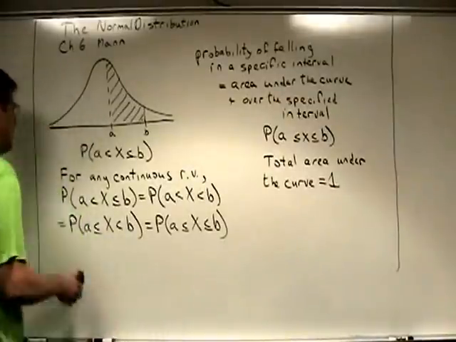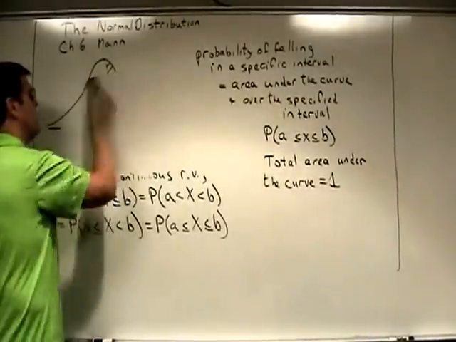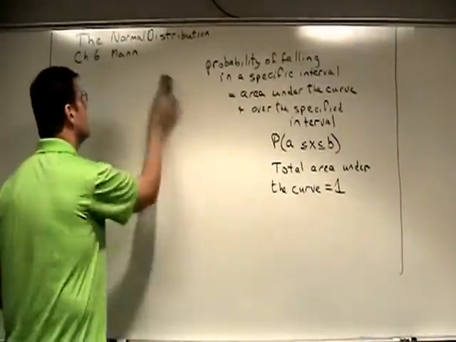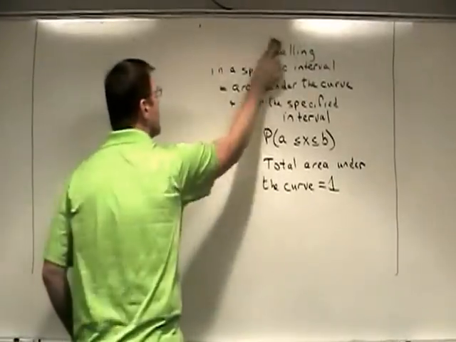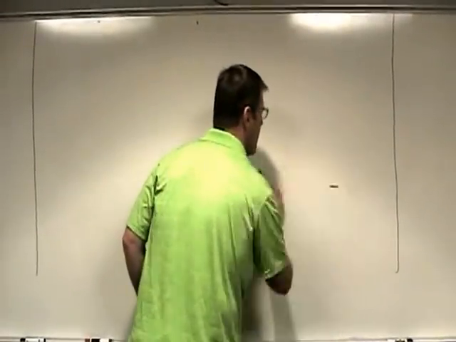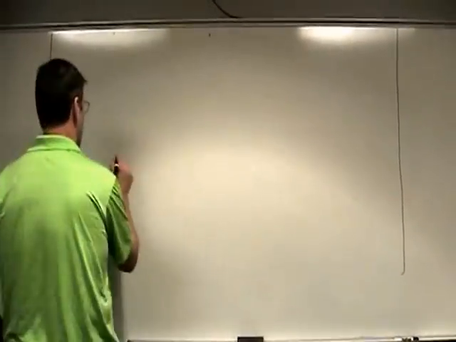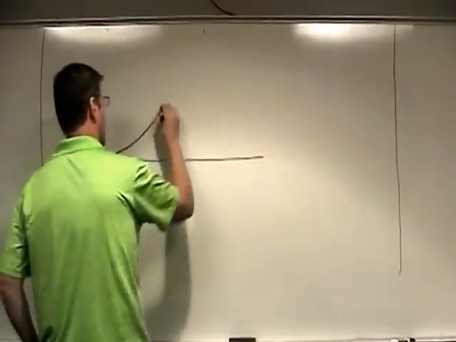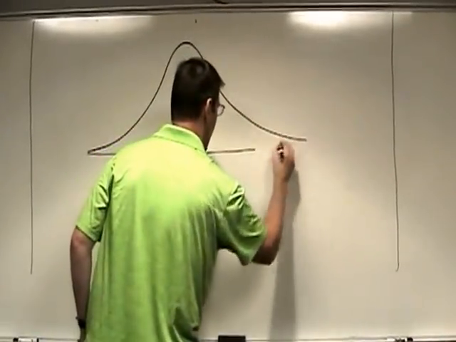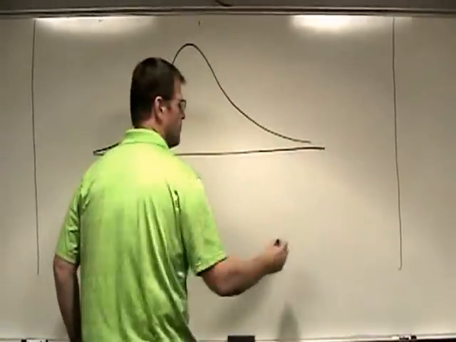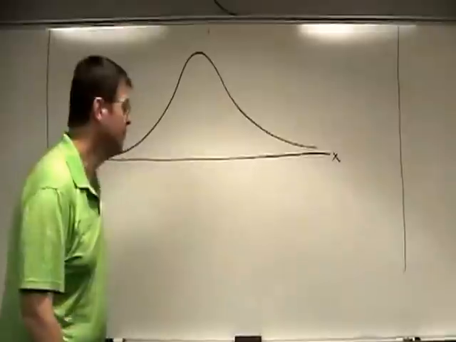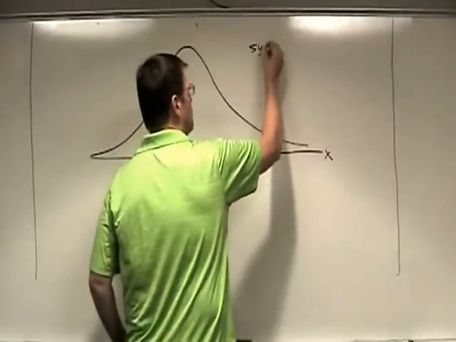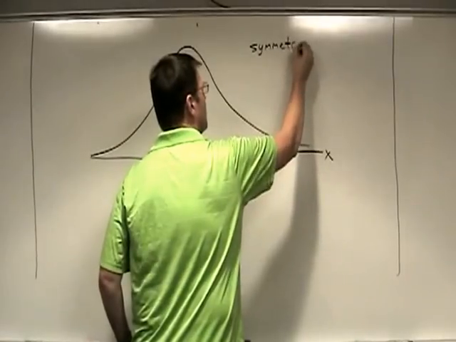Okay. So now, for some more specific stuff about a normal distribution, as the shape shows or identifies here, a normal distribution is symmetric.